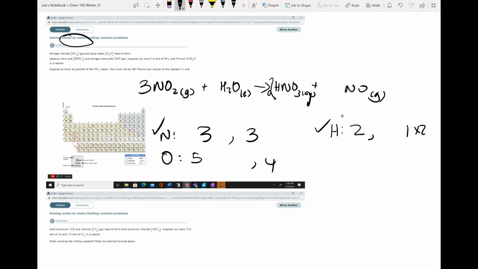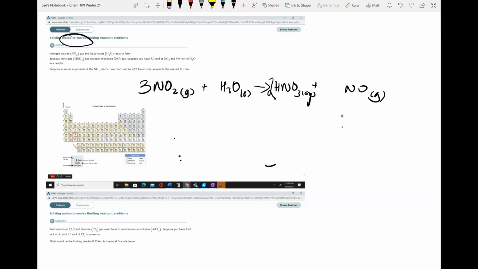At this point I've got nitrogen and hydrogen balanced, but what about my oxygen? Where's my oxygen at now? I've got 3 times 2, that's 6, plus another 1, that is 7. And then on the right hand side I've got 2 times 3, that's 6, plus 1, that is also 7. So by some miracle that all balances.